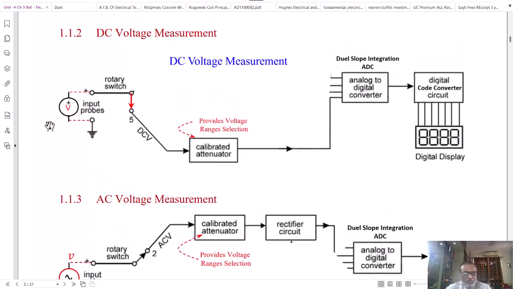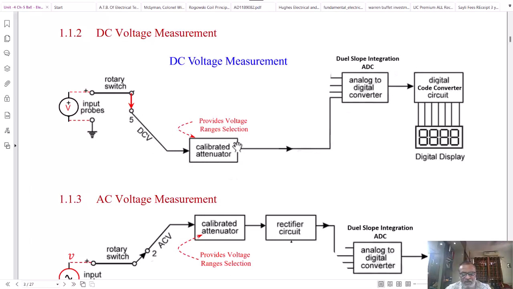See here, the external input which is to be measured is applied here to the input. The common terminal is connected to the ground or common input and the positive terminal is connected to the positive terminal of the multimeter. The multimeter will be switched to the DC voltage measurement range.